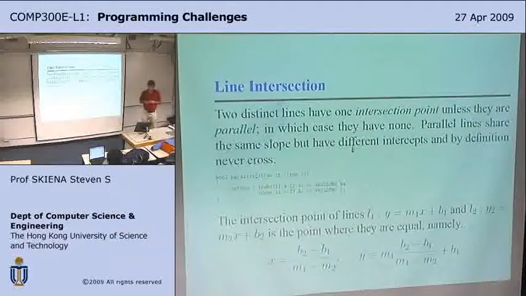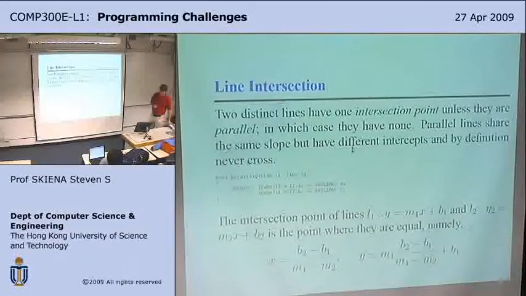Okay. How do we tell if lines intersect? As we talked about before, two lines have one intersection point unless they're parallel. How do you tell if lines are parallel?